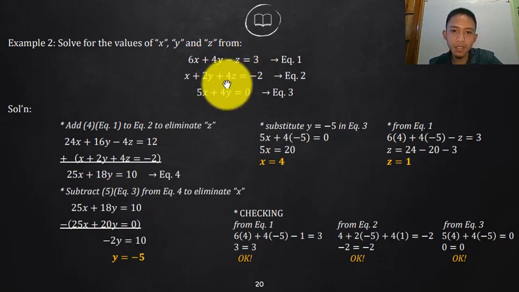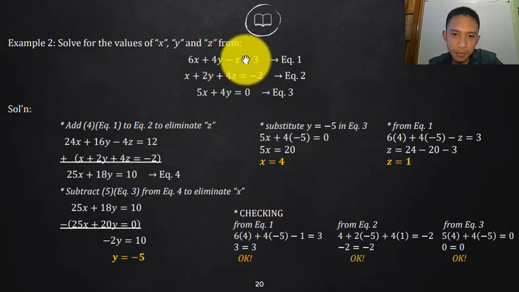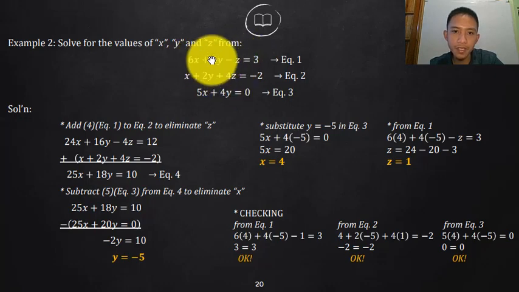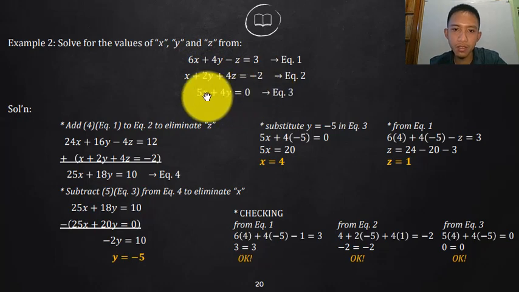For me to decide, if I get this pair, I will eliminate z. You can eliminate any of these actually, but if I eliminate z, that will give us an equation of x and y only. And you have equation 3 as an equation of x and y only.